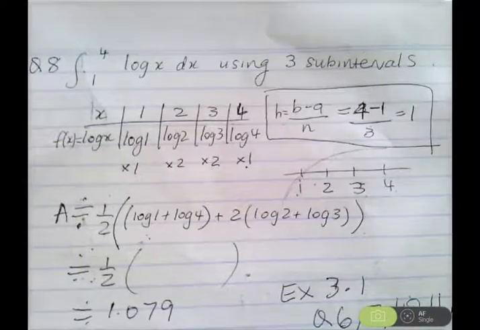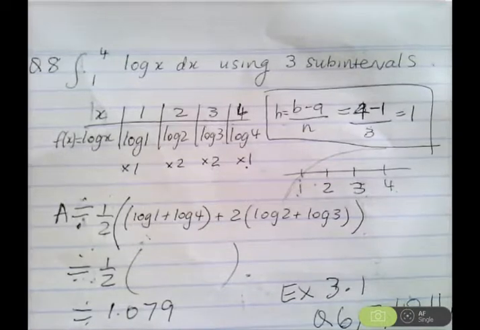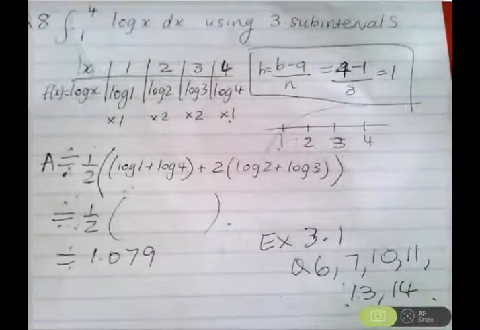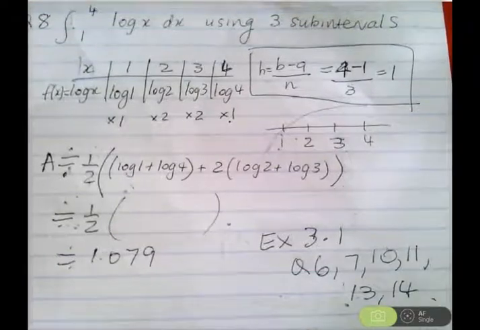In the last 3 questions, there's already a table given to you, and just do 13 and 14. 6, 7, 10, 11, 13, 14. It's only 6 of those. They're quick. So question 6, 7, 10, 11, 13, 14.